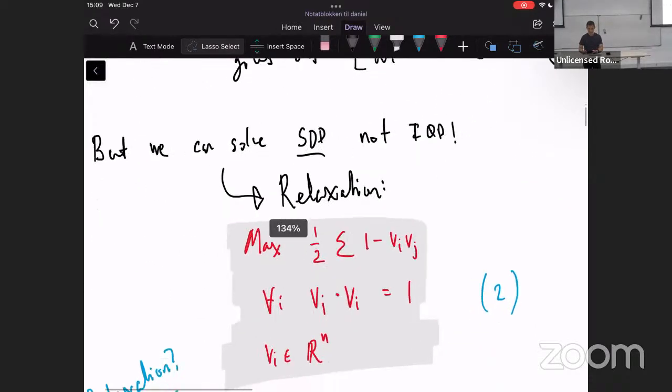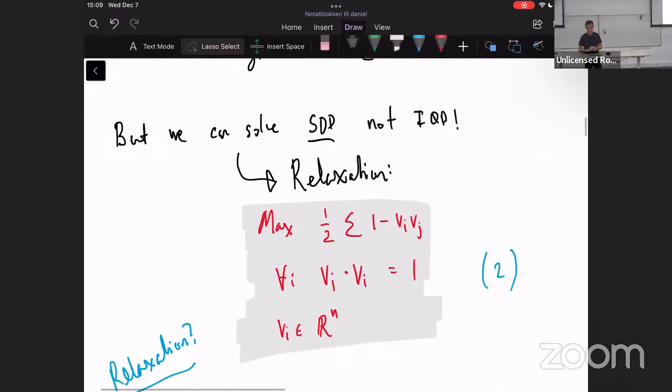Okay. Now, here's the thing. We can solve semi-definite programming. We can't solve integer quadratic programming in polynomial time. So now we need to make a semi-definite relaxation of this quadratic program. What we're going to do is replace our minus 1, 1 xi variables with unit vector variables.